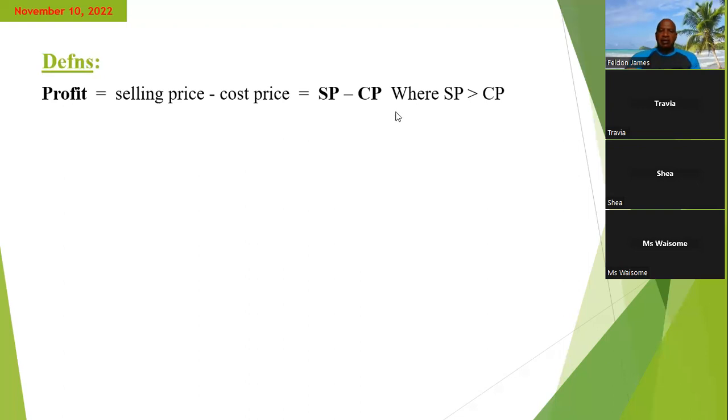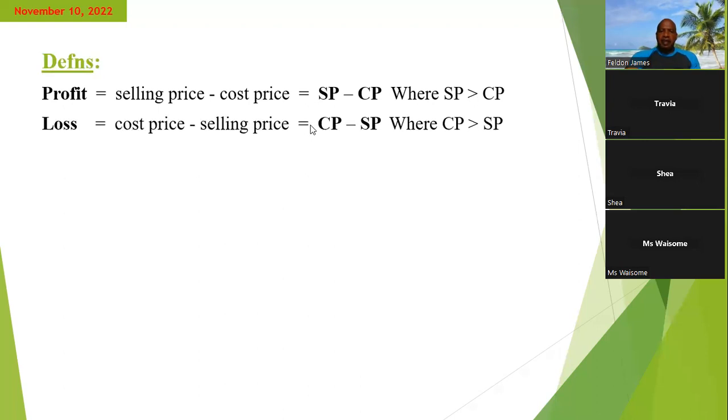Now, it's not all the time you may have a profit. You only have a profit when your selling price is greater than your cost price, right? So in that sense, if your selling price is greater than your cost price, you're making a profit. Now, a loss is when your cost price is greater than your selling price.